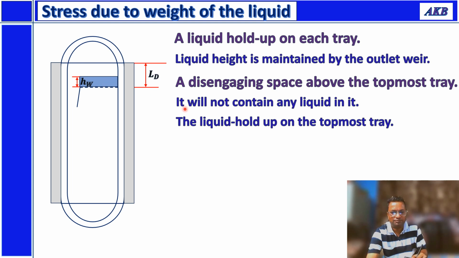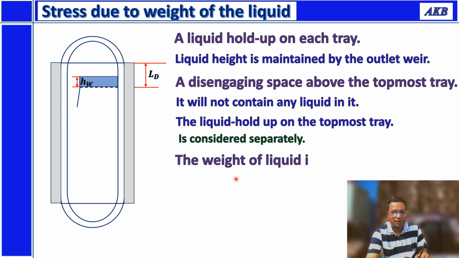When I say the disengaging space will not contain any liquid in it, you must be getting confused. How is this possible when you have this liquid on the tray? This liquid is considered in a different way. We are going to consider that separately. So that will be considered when you talk about the topmost tray. For now, you should understand that in the disengaging space within this height of LD, there will not be any liquid in it.